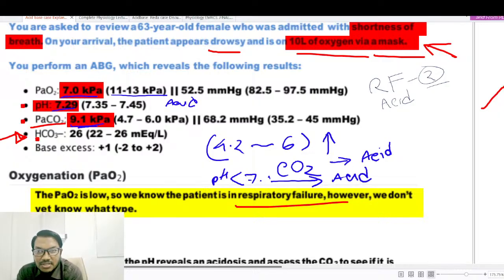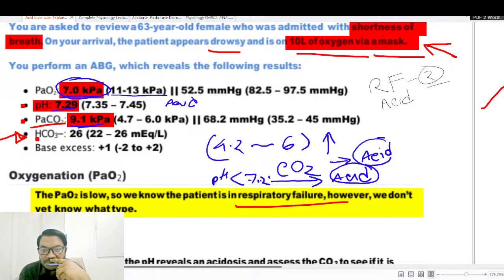From the pH we can say, normal pH is 7.35 to 7.45. Here pH is 7.2, so this is also acidosis, and carbon dioxide is also high. Very good. And bicarbonate level is 26, so this is within the normal level.